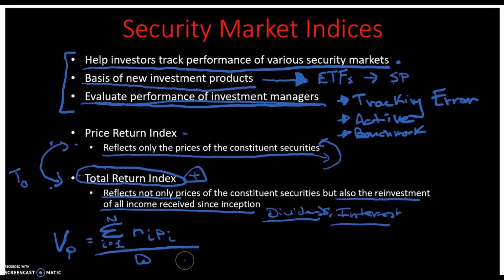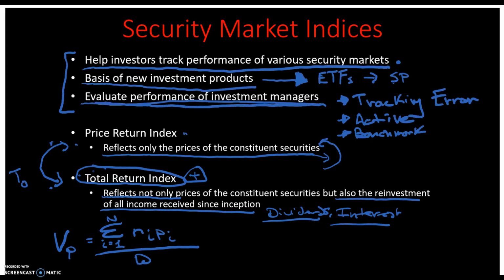The D is the divisor, and so we're really going to weight the number of units for each constituent security, and multiply this by the price, with some sort of divisor there. That's really how we would reflect what a price return index would be.